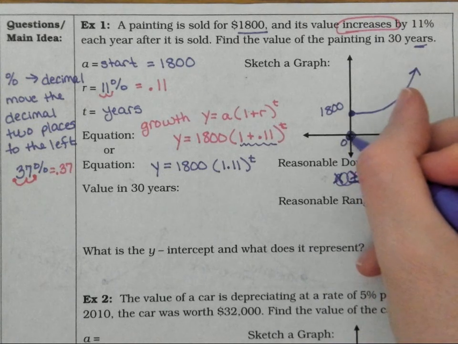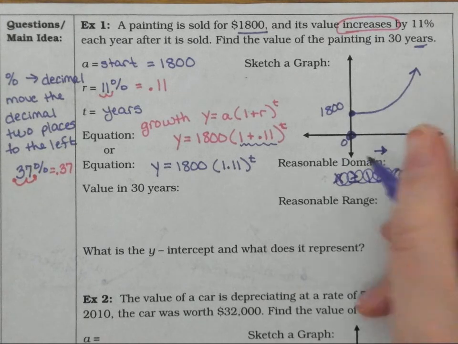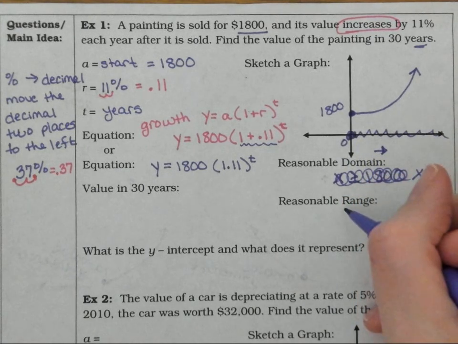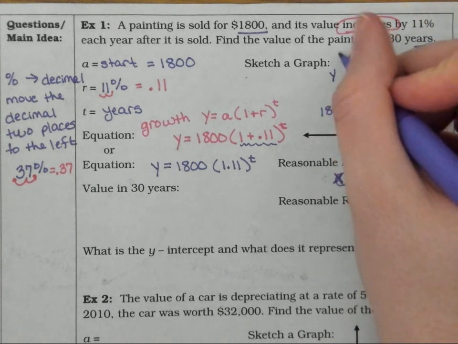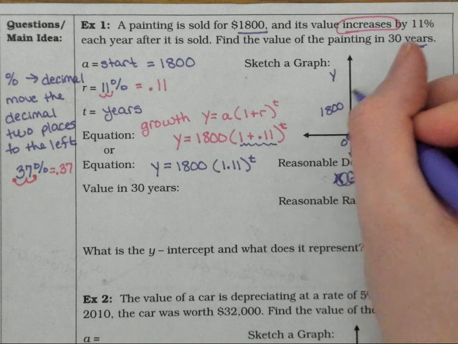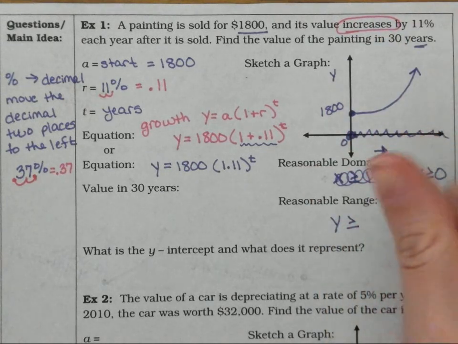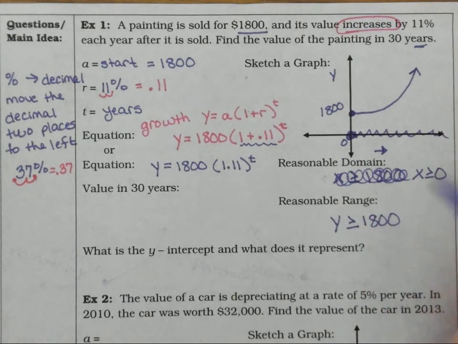It's time, it's 0. My x is greater than or equal to 0, because I start here and I get bigger. My reasonable range is what I had said before. My range is my y values. That's what's going up. And my range is y is greater than or equal to 1800. Okay, because the value is going to increase.